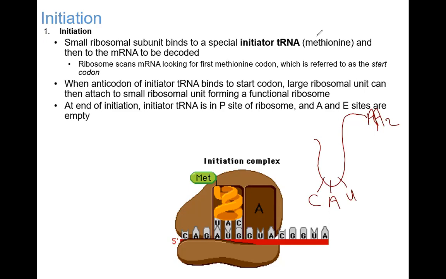The anticodon to the complementary codon to G is going to be C. The complement to U is going to be A, and the complement of A is going to be U. So the second one will come in and land on that spot. And when the second amino acid lands there, the first amino acid will become tied to it. Let me show you in this next slide what's going to happen.